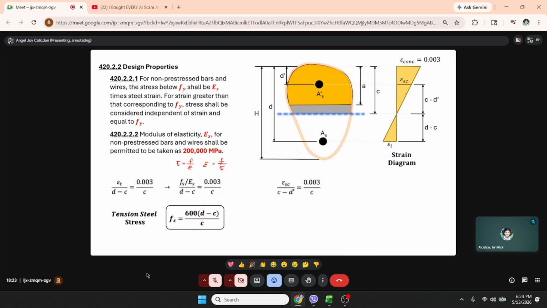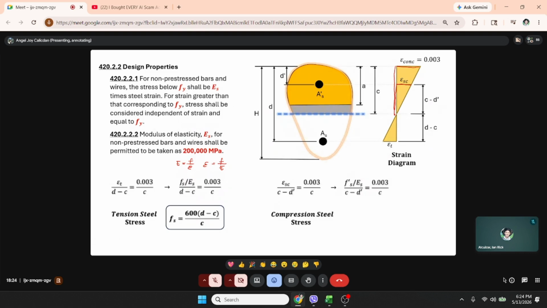And here is another ratio and proportion. We have the strain in the compression reinforcement, epsilon s prime, over c minus d prime equal to the strain in concrete over c. Same, we substitute. Equivalent of strain is stress over modulus of elasticity.